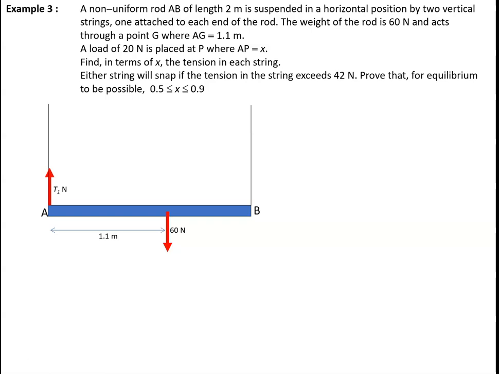We've got the tension in the first string, the tension in the second string, and we have got the load of 20 newtons being placed x meters away from A. So the force diagram there shows the forces acting on the rod together with the load.